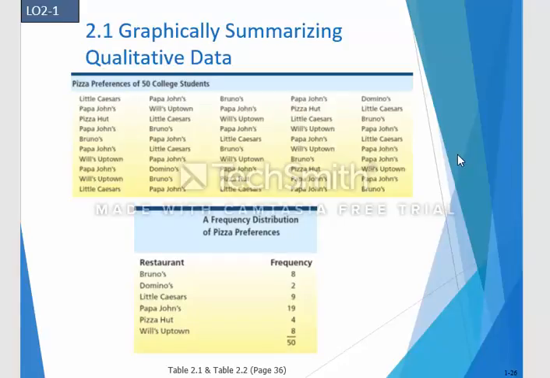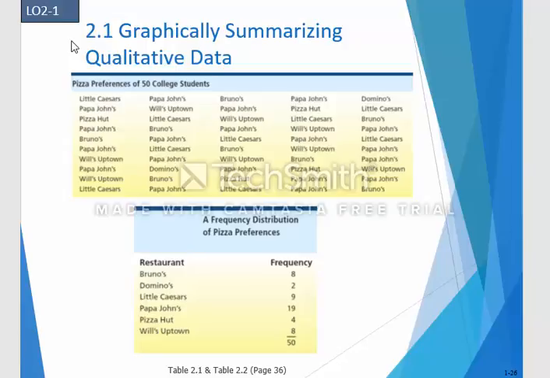So with 2.1, graphically summarizing qualitative data, we want to do a frequency distribution. The names are going to identify the different categories. Right now we have a survey of 50 college students asking what is your pizza preference, and this is just the uncategorized data.